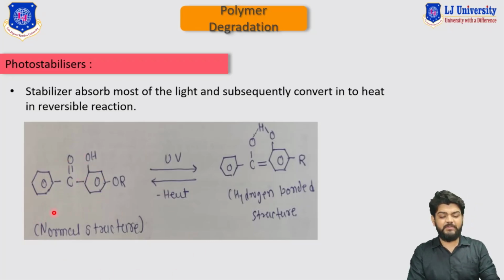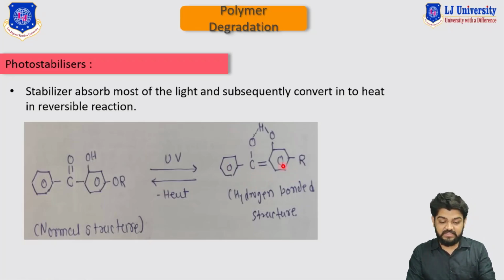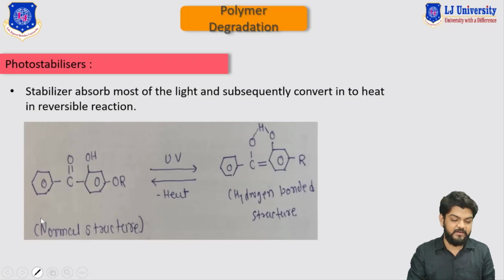So this is the normal structure of the photostabilizer, and when it absorbs ultraviolet radiation, it will convert into a structure like this. As you can see here, this hydrogen bond from this particular point, let me just take a pen here, this hydrogen bond from this group will break up, and this free radical will be shared by this carbon atom here, right?